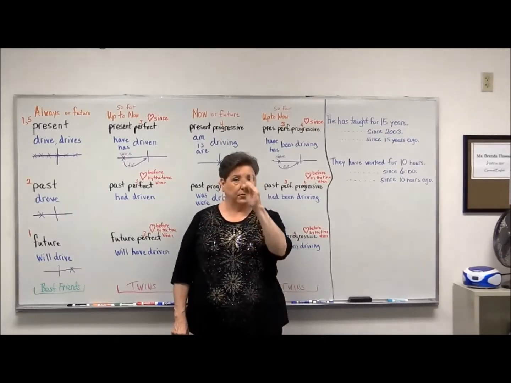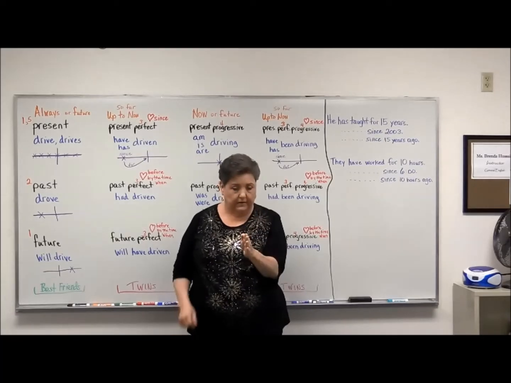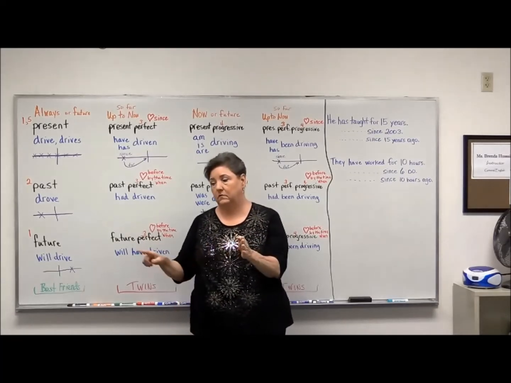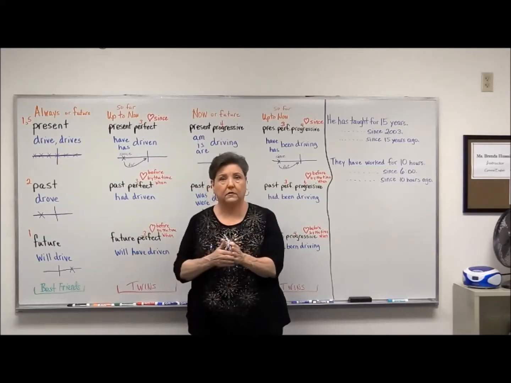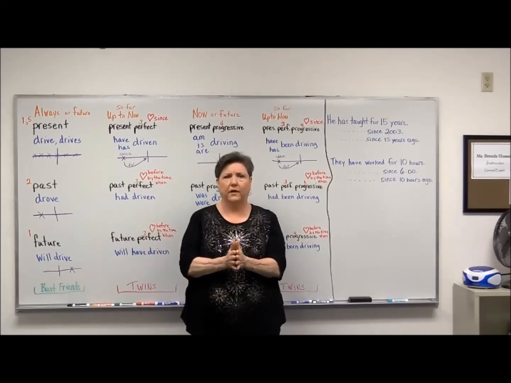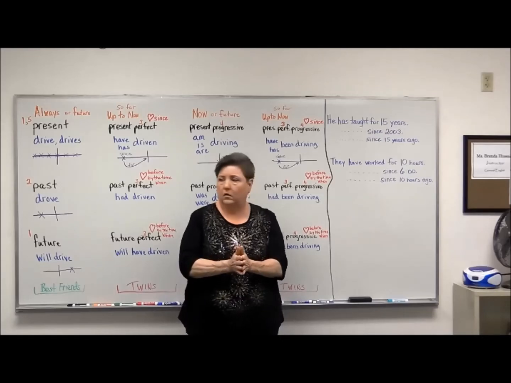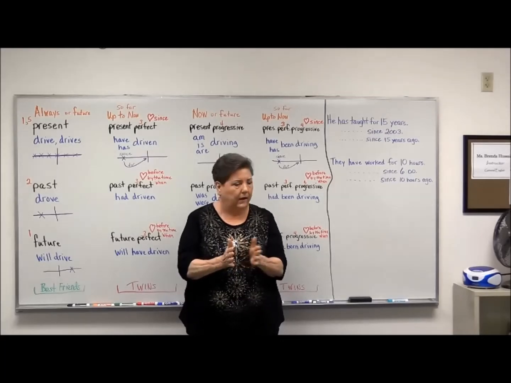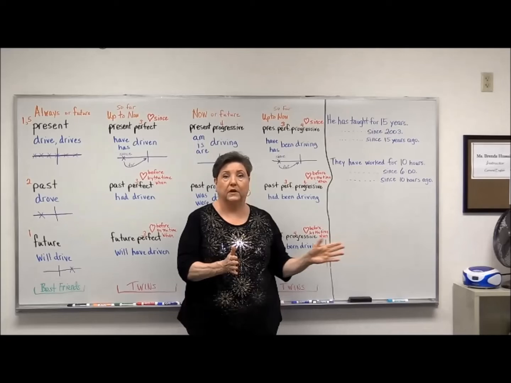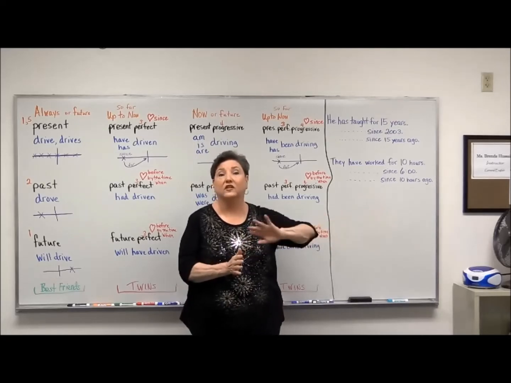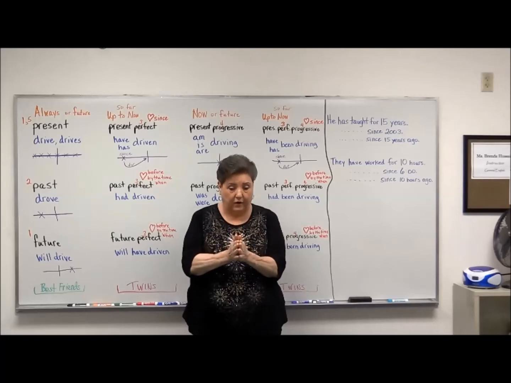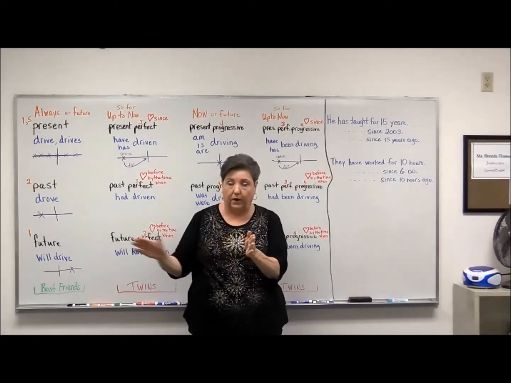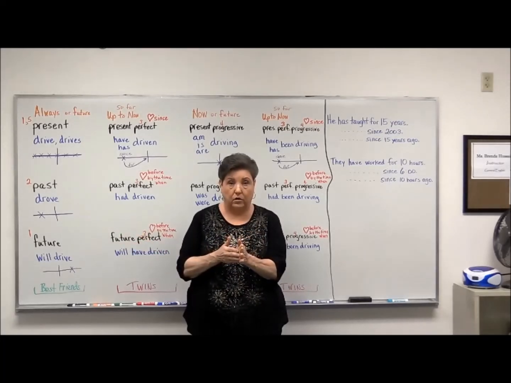It means right now, today, how much is finished? How much? 15 years. Well, is he retiring today? No. And we're not even looking at the future, because the present perfect never even looks at the future. The present perfect is always about right now, finished. How much is finished right now?